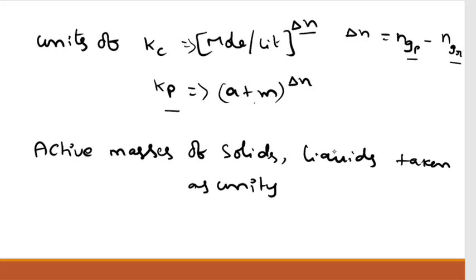They are considering the active masses as unity for solids and liquids. That is the reason why we are taking delta N in order to check the units of both Kp and Kc.